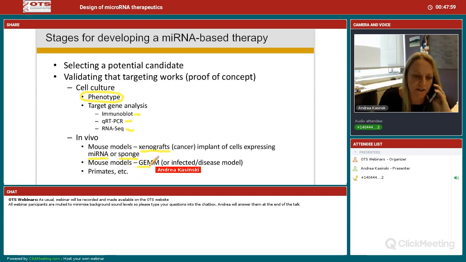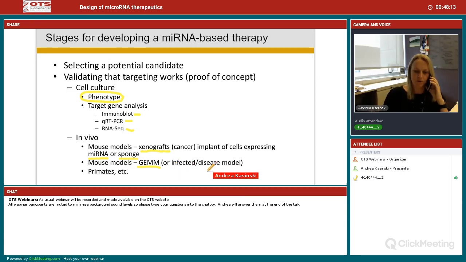Likewise, you can then move into genetically engineered mice if that's necessary, or perhaps for your disease model genetically engineered mice aren't needed, but certainly an infected or a disease model may be important. And this is very important as we move forward, especially when we think about delivery, which we'll get to in a little bit, with regard to being in an immunocompetent model, making sure that we're taking into account the immune system on the effects of these RNAs as well as the delivery vehicle, so that we're dealing with the whole package, if you will.